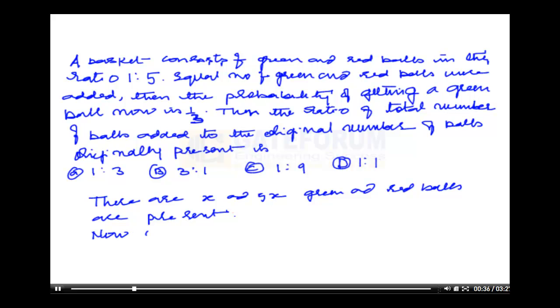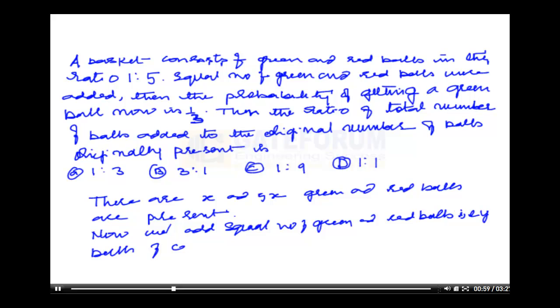Now we add an equal number of green and red balls, that is, y balls of each color are added.